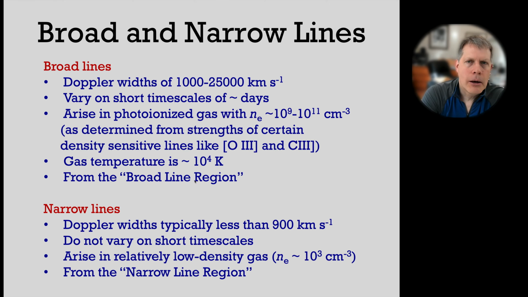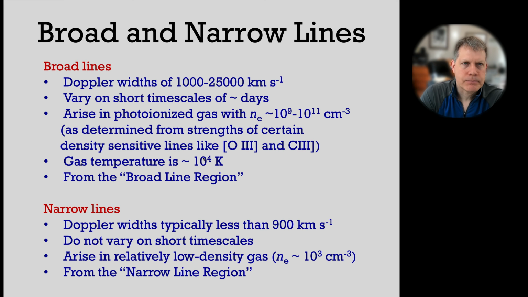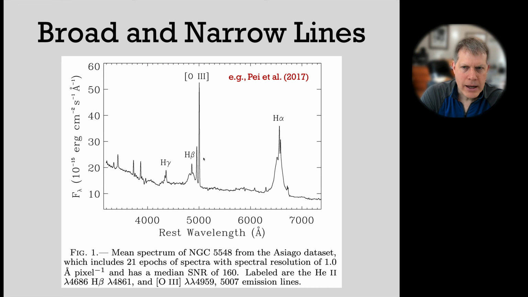So I have then a couple of points to make about these lines. I want to define very clearly what is meant by broad lines from the broad line region and narrow lines from the narrow line region. So if you look at these lines you see in an AGN spectrum, and I'm going to focus on this particular very high signal-to-noise spectrum of a nearby representative active galaxy when discussing this, the lines break up into broad lines that have very large widths.